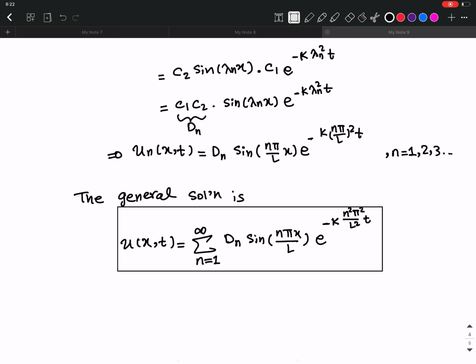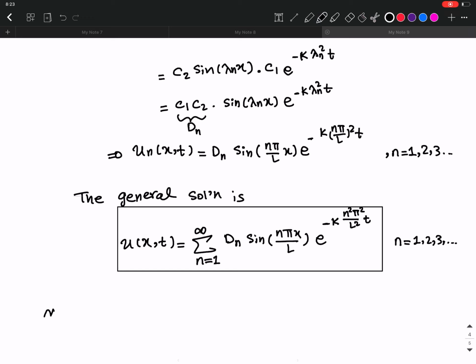So the only thing that remains unknown here is what? The only unknown is d_n, right? Which is a coefficient. We know n is going to be 1, 2, 3, etc. The only unknown is d_n. And we have to specify what d_n is.